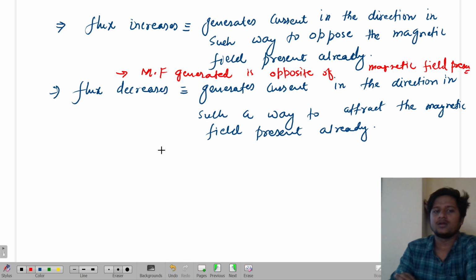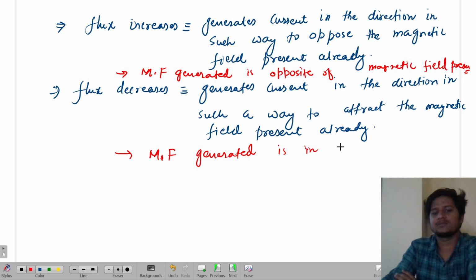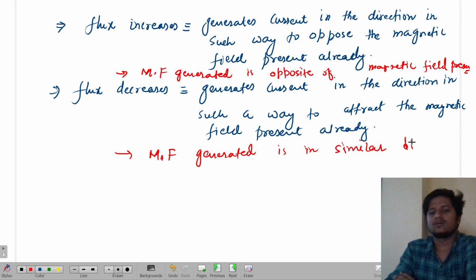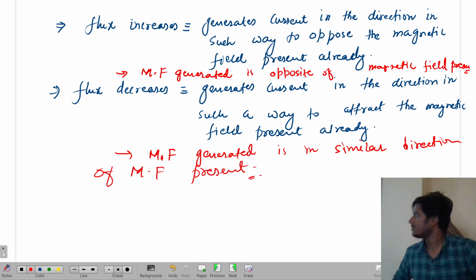Magnetic field generated is in similar direction of magnetic field present. Right or not?